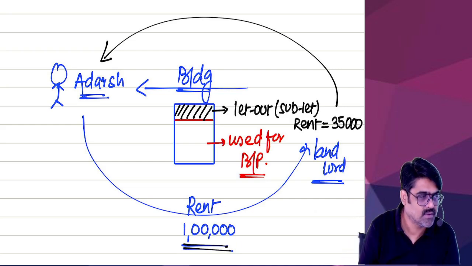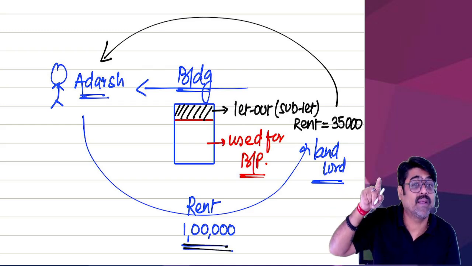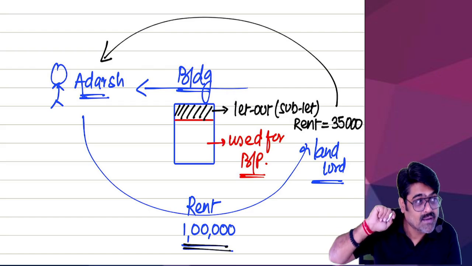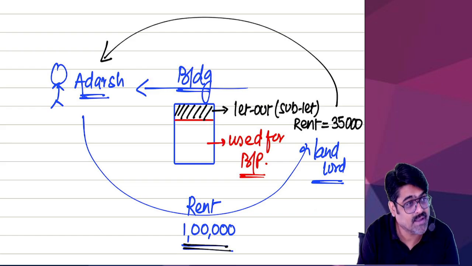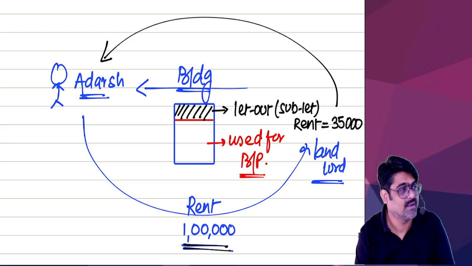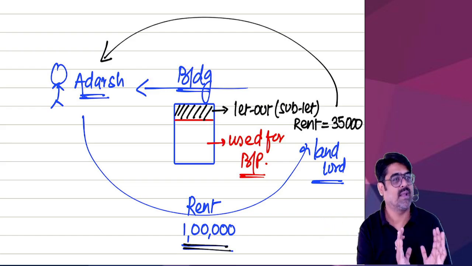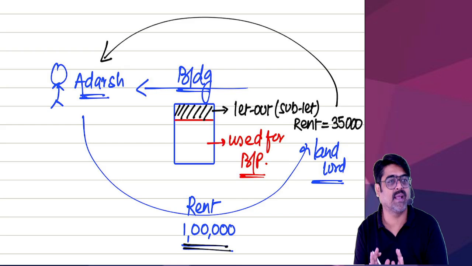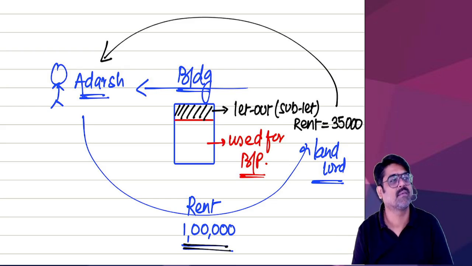But wait, don't you think Adarsh is spending 1 lakh also? Expense is 1 lakh, which Adarsh is going to claim as a deduction under PGBP head, saying that this building is used for the purpose of my business or profession. 1 lakh rupees rent for this building I am spending, so give me the deduction for 1 lakh. Don't you think he should not be getting the deduction for 1 lakh?